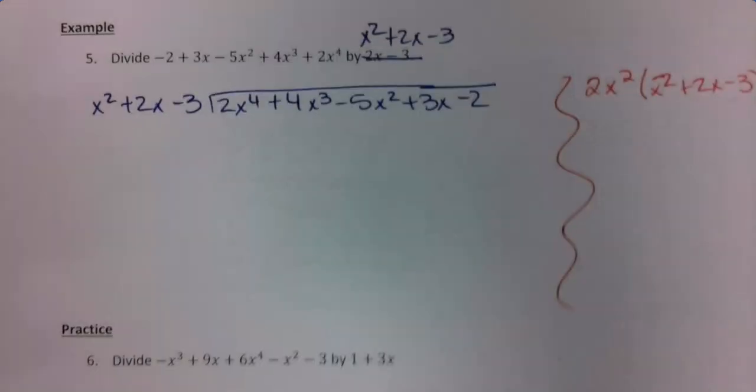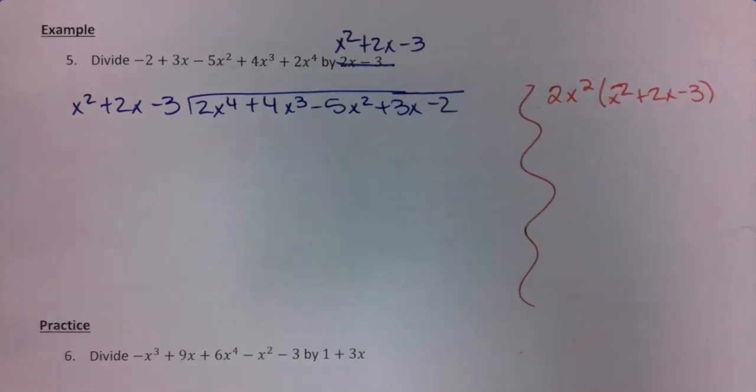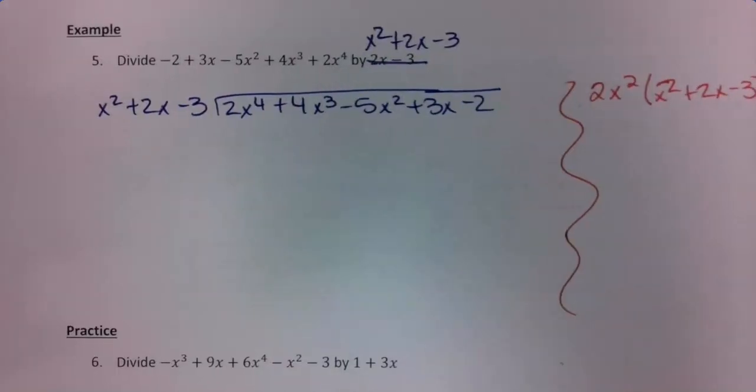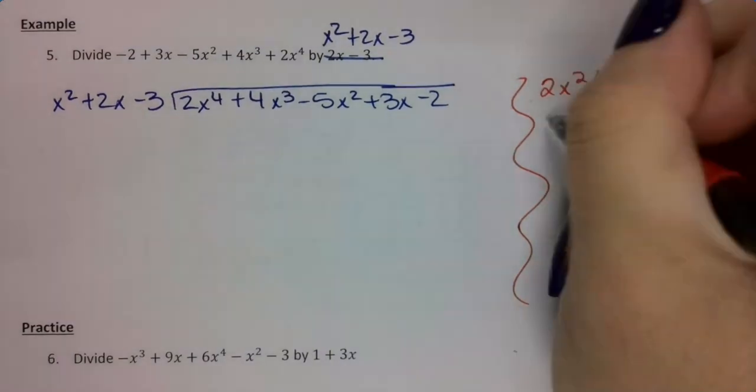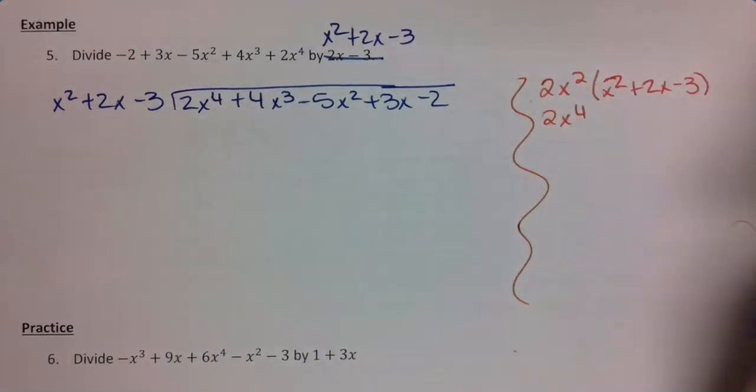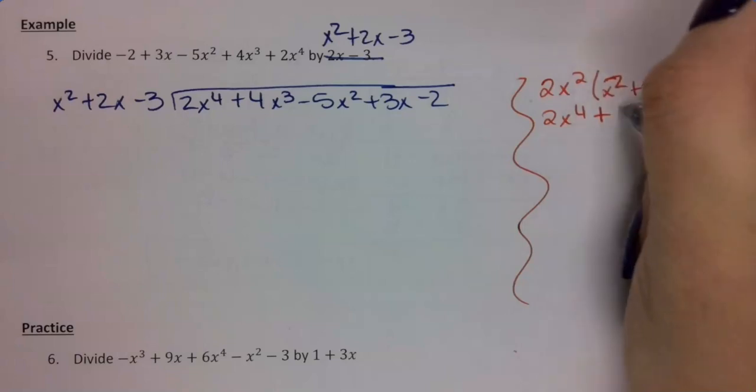What is 2x squared times this? 2x to the 4th.